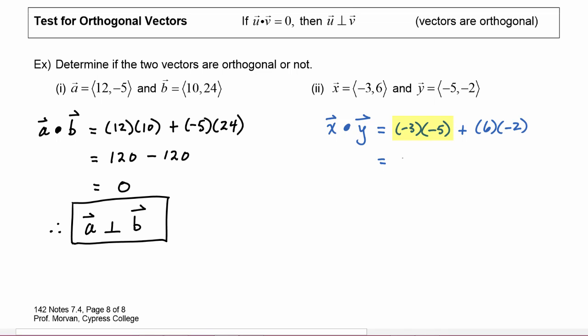Simplifying, we get 15 minus 12, which equals 3. Because this is not 0, we have to say, therefore, vector x and vector y are not orthogonal.